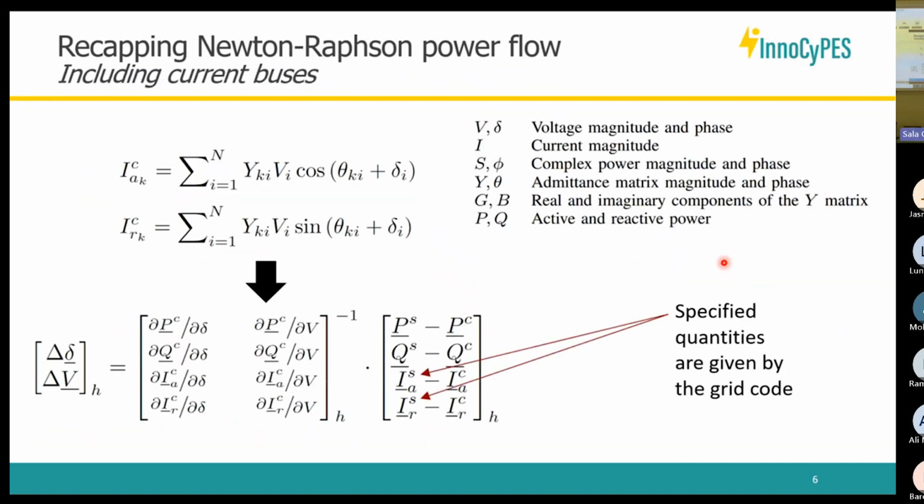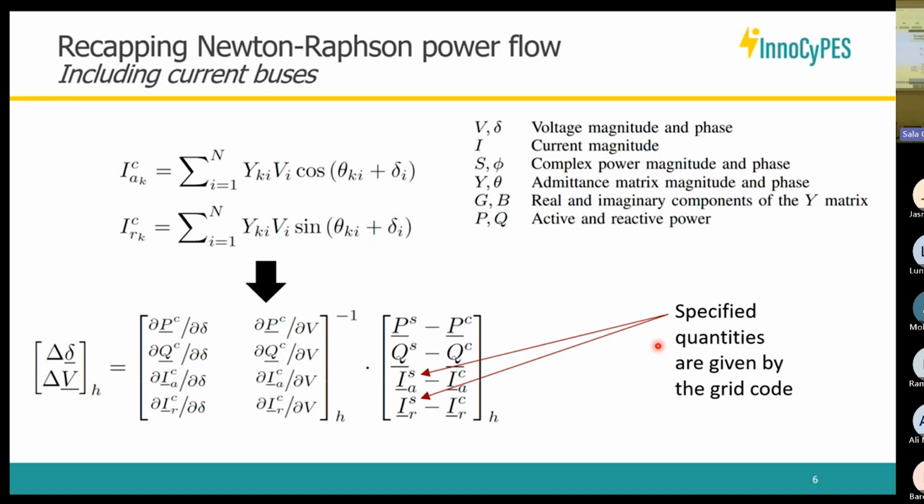But there is one detail here, is that differently from the standard Newton-Raphson approaches where specified power is a known value, a number, which is constant and therefore the derivative is zero, here the specified currents are not constant. They are actually given by the equations of the grid code.